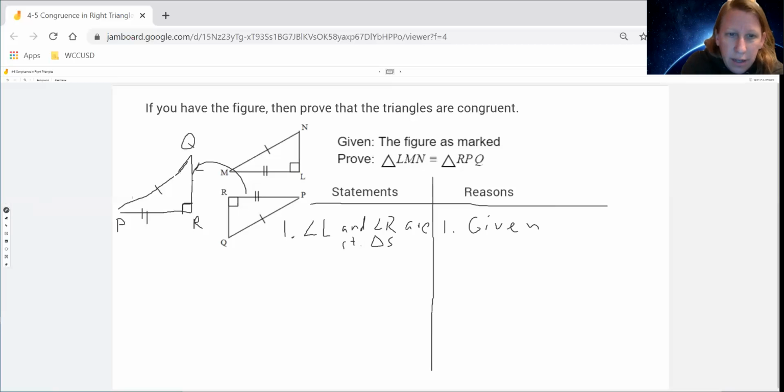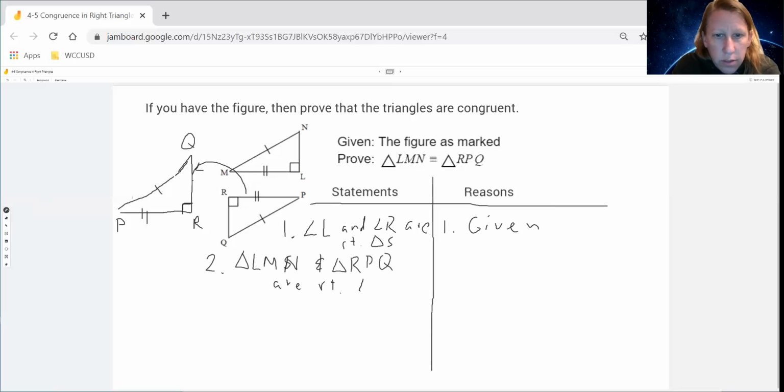No. What I need this time is I need to say that triangle LMN and triangle RPQ are right triangles. That's what I need to state in my proof. Is that given? Kind of. Yeah, but you also know that they're right triangles because of the definition of right triangle. So you could argue that one out.